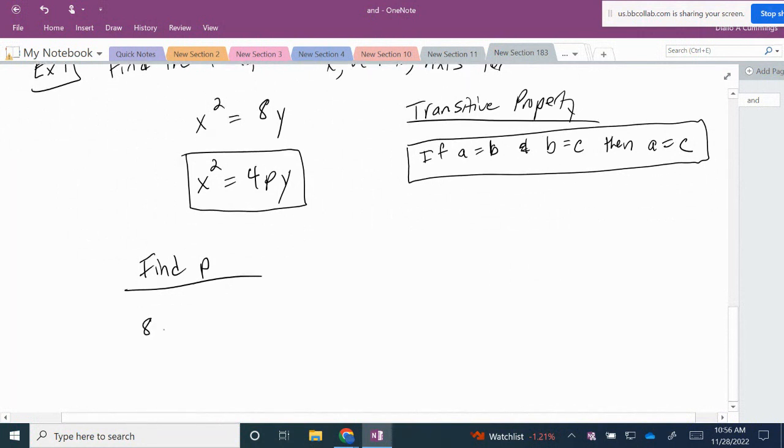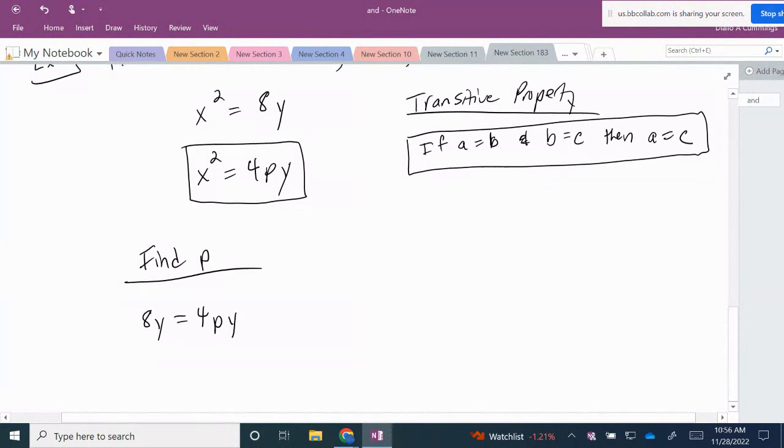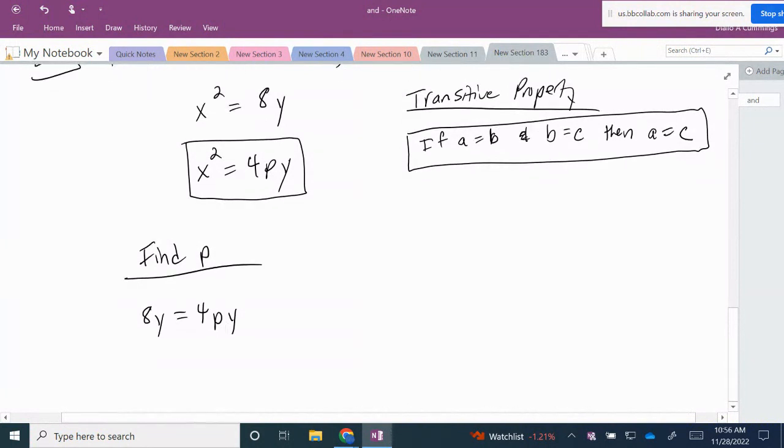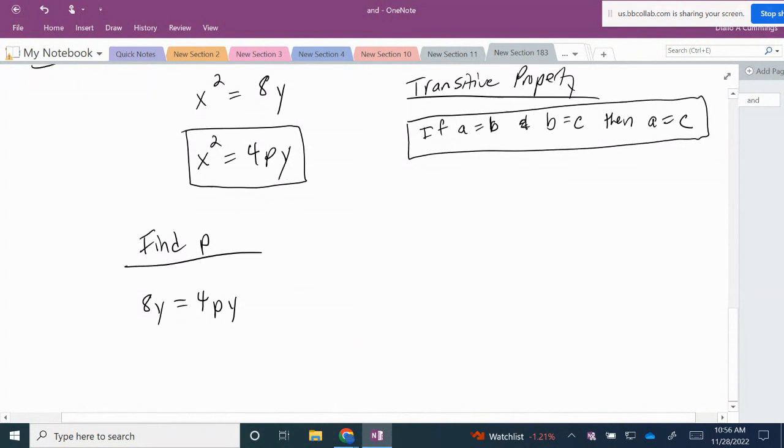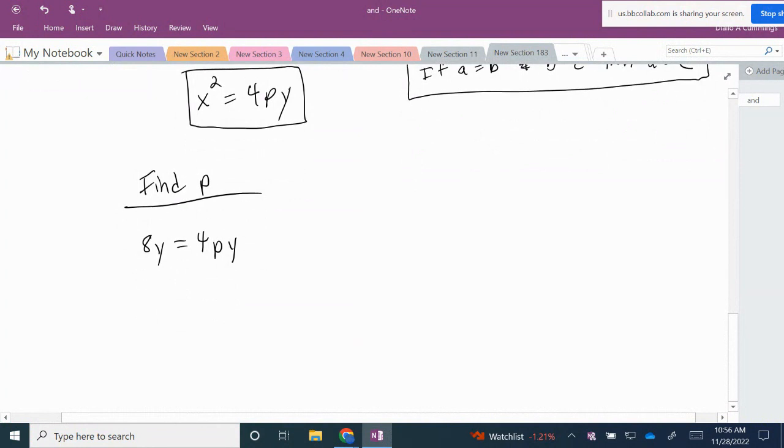All right, so I can let 8y equal to 4py. All right, so if x squared is equal to 8y and x squared is equal to 4py, I can set 8y equal to 4py. And now I'm going to solve it for p. All right, so in order to solve for p, the opposite of multiplying 4y times p would be to divide by 4y, right?